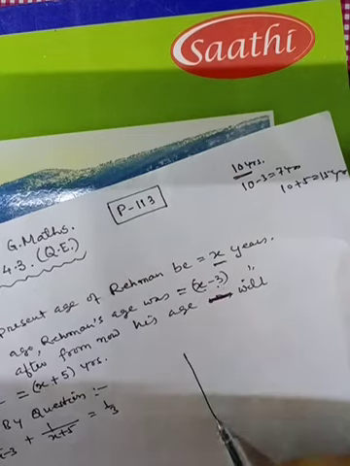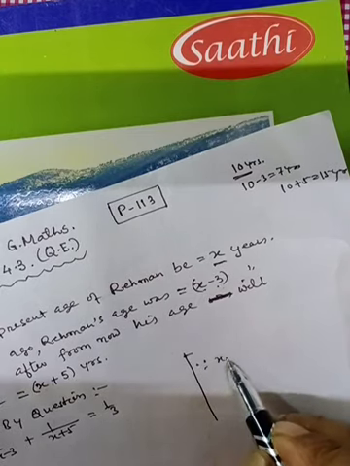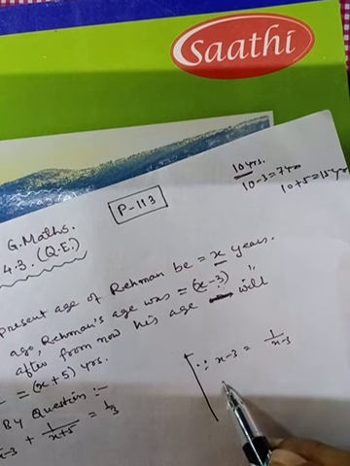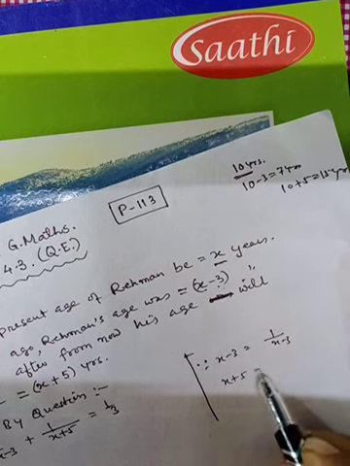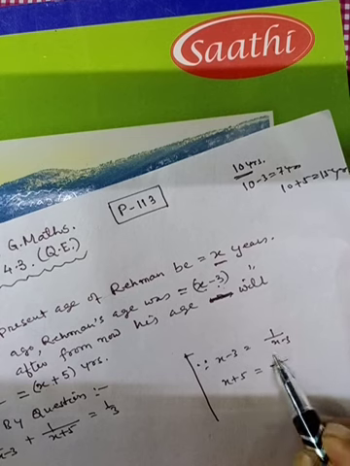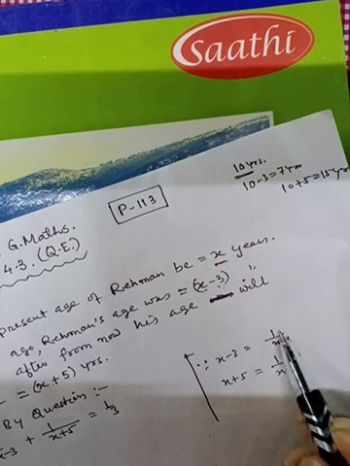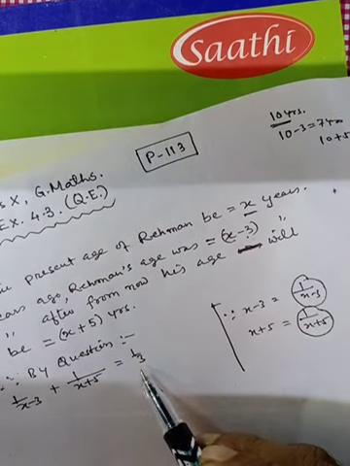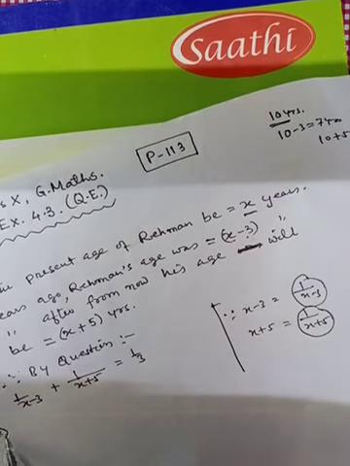Since the reciprocal of x minus 3 is 1/(x minus 3) and the reciprocal of x plus 5 is 1/(x plus 5), and the sum of these reciprocals is given as 1/3, hence we simplify it.